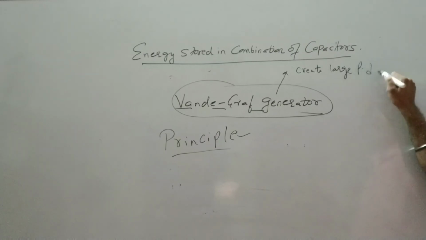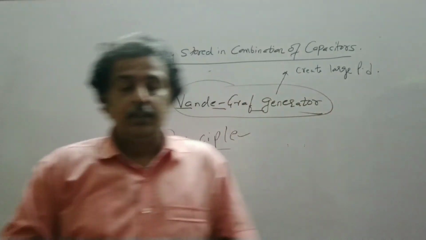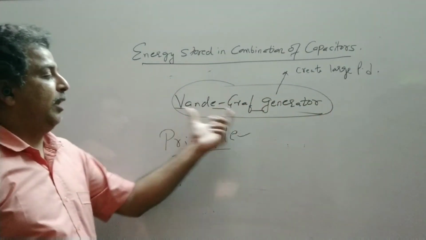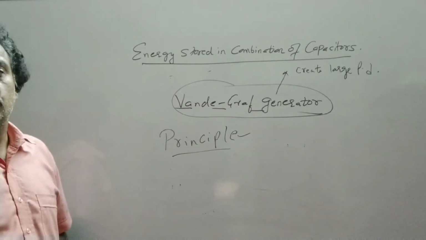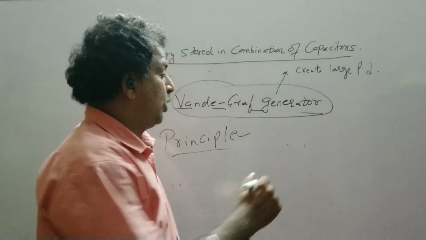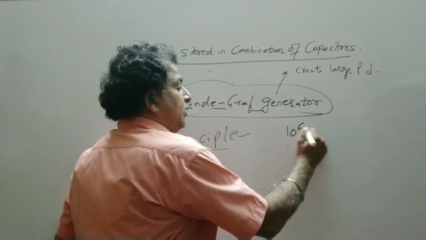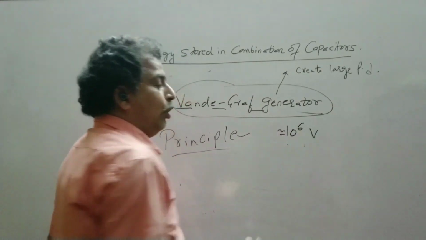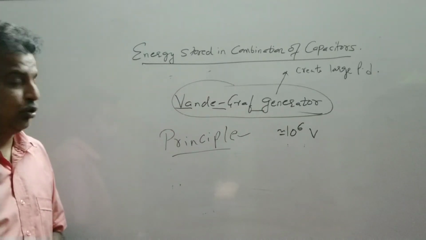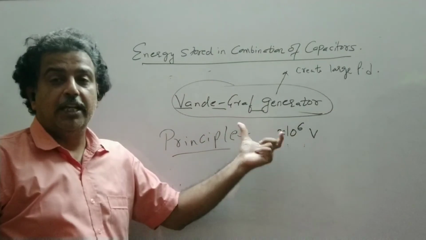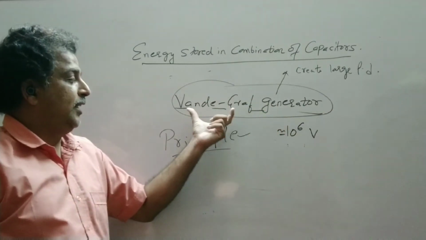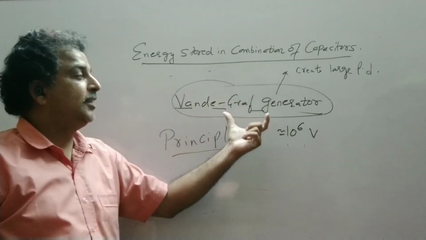So if we need a large potential difference, then we take the help of a device which is called the Van de Graaff generator. It generates a very large potential difference, about 10 raised to 6 volt or about 1 million volt. So this is a very high potential difference this device can generate, and it is named after the scientist who constructed this generator.